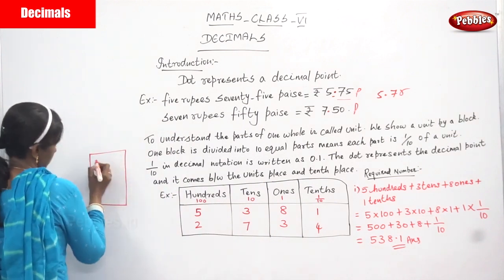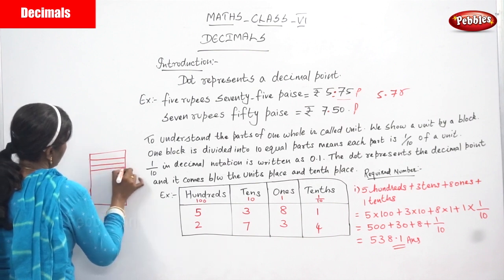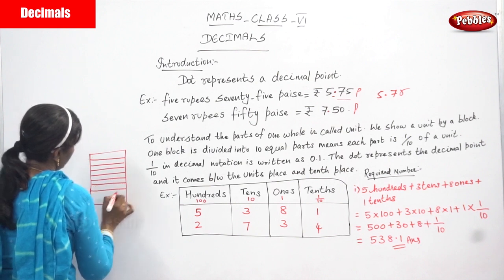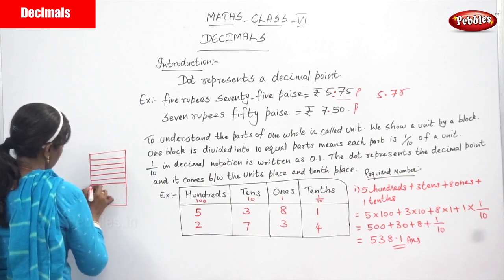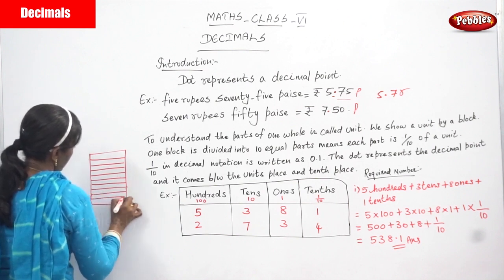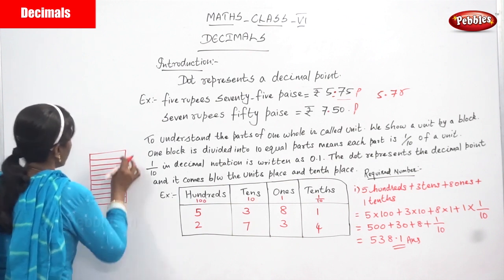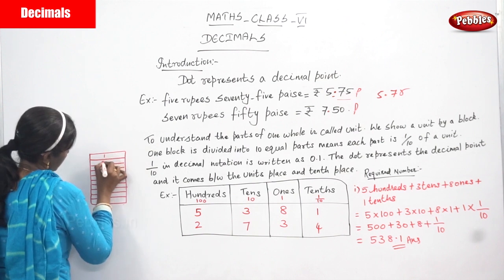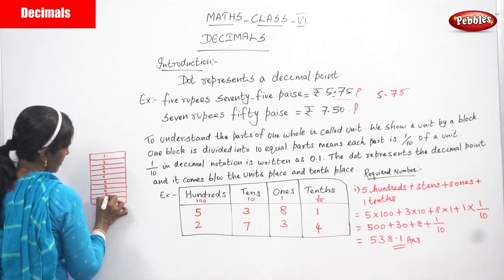this is a rectangle shape. Counting the parts: 1, 2, 3, 4, 5, 6, 7, 8, 9 and 10.